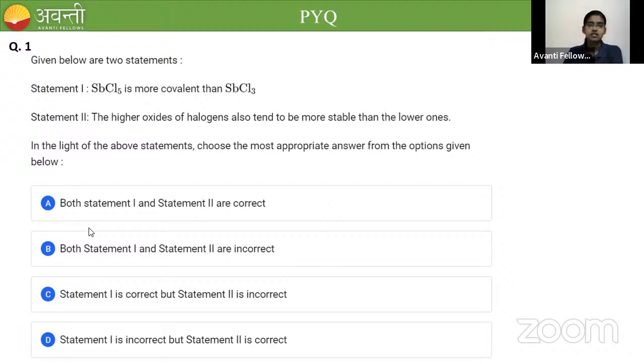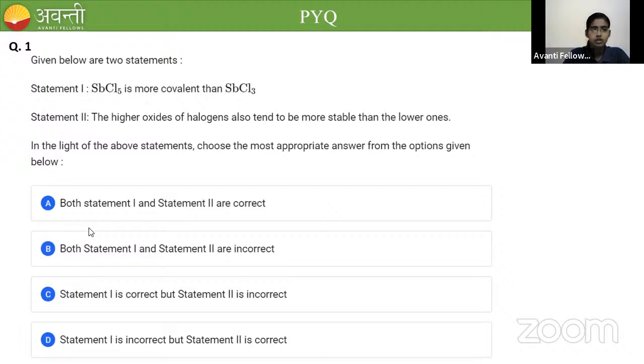Okay, let's discuss. Coming to statement one, it says that SbCl5 is more covalent than SbCl3. So we have to find the oxidation state of antimony. Sb is antimony, right?